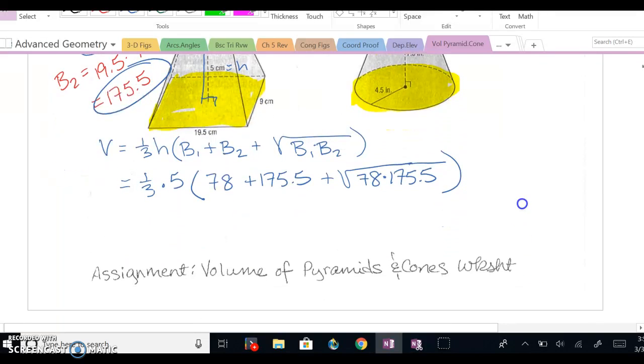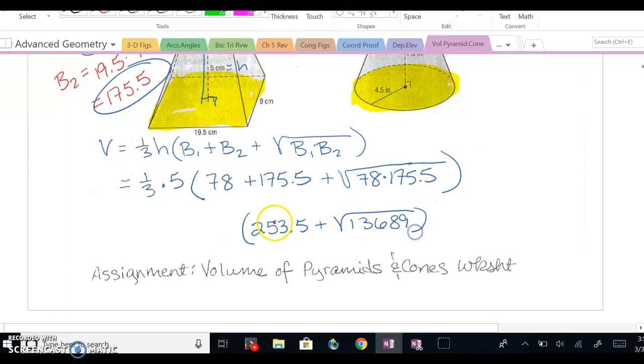Okay, so order of operations would say do what's in the parentheses first, and even more specifically, I'll need to do what's underneath the square root first. So 78 times 175.5 is 13,689, rather. I'm going to go ahead and add 78 plus 175.5 to get 253.5.